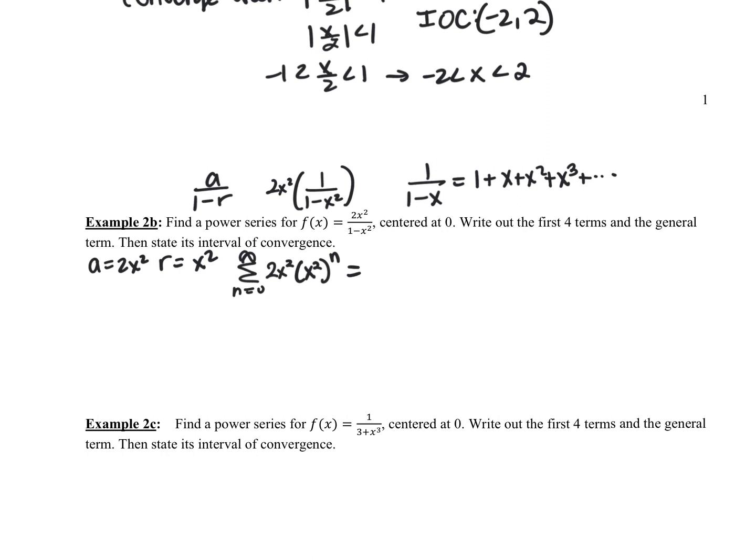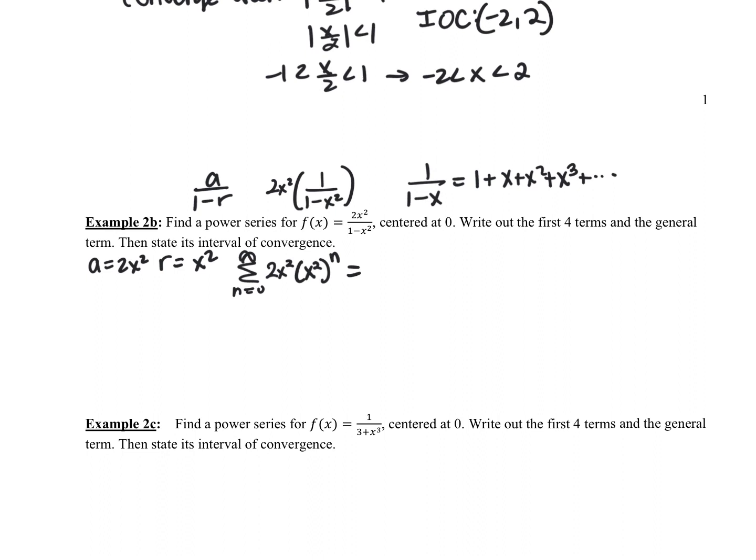So if you want to write out the first four terms, this is almost the same. What would we be plugging in here for x? X squared, and then you would just multiply by 2x squared, right? And so if you want to do that instead, you could take each term, plug in x squared in for x, and then multiply by 2x squared. Or you can just start plugging in 0.